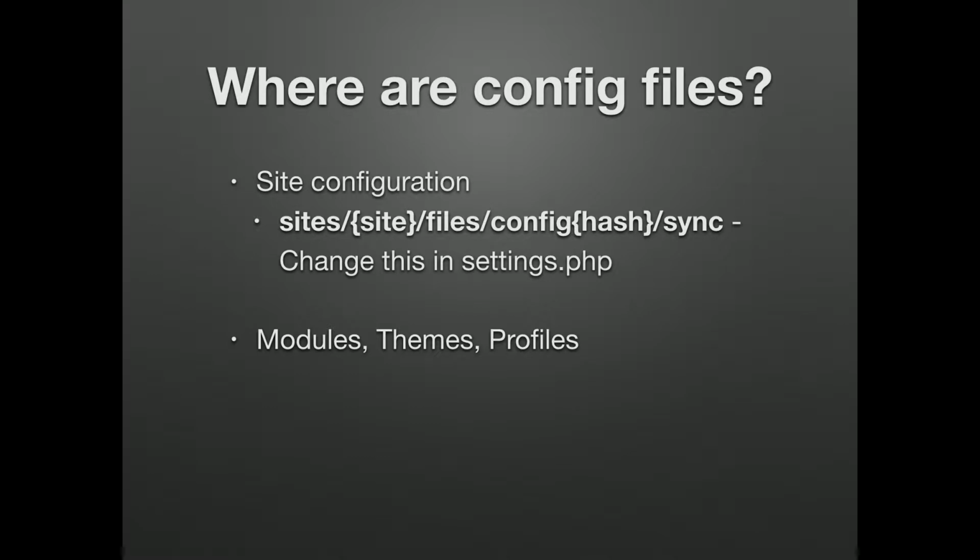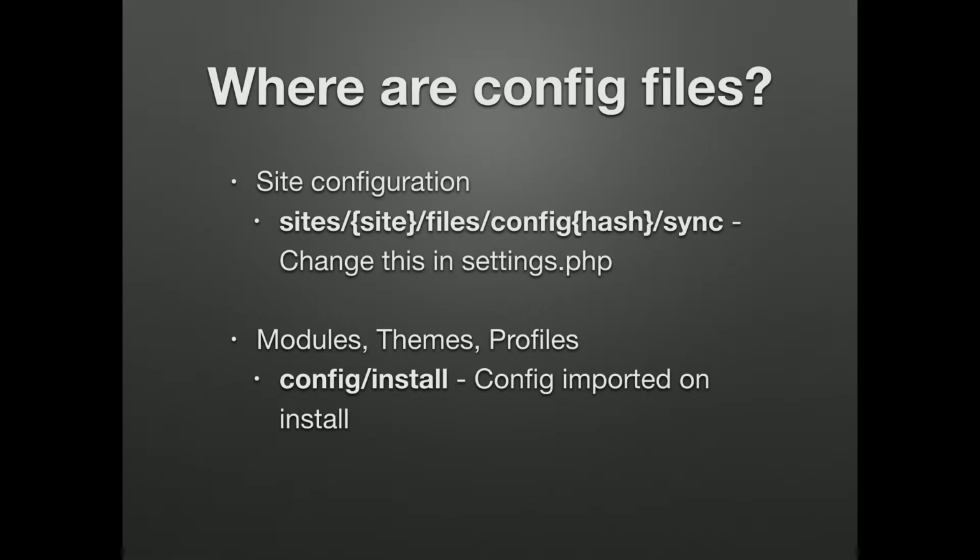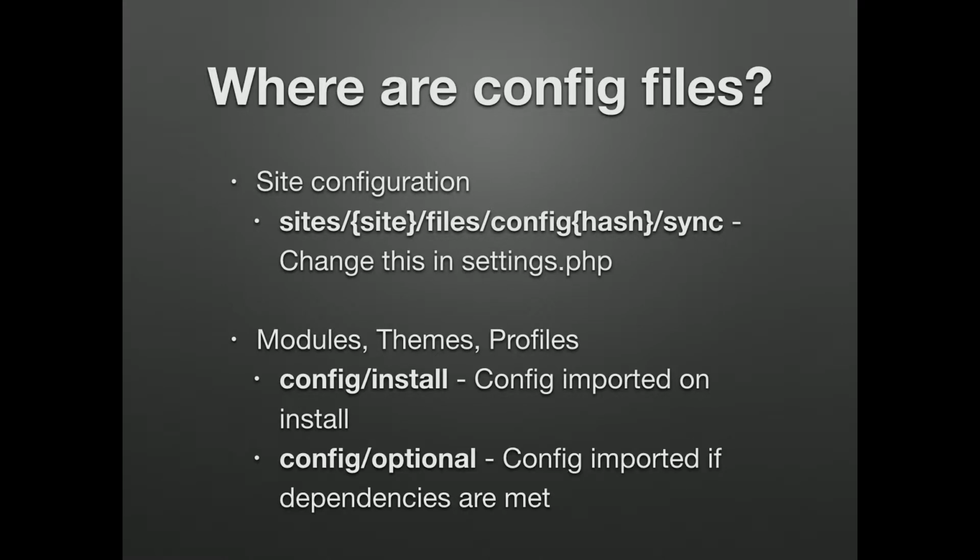Modules, themes, and profiles come with configuration too. They usually come with default configuration. So when you install it for the first time, it will install the configuration based on what's in the module directory. There's a config install folder where you can find YAML files that represent the default config after you install it. They also have an optional folder.